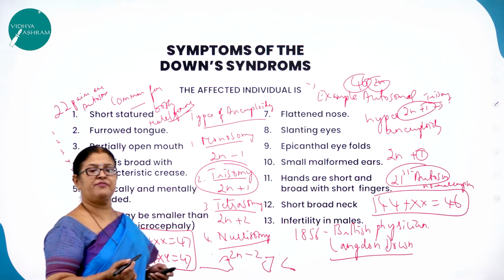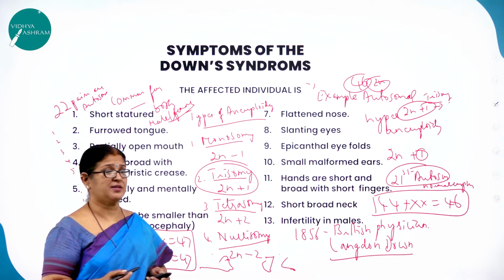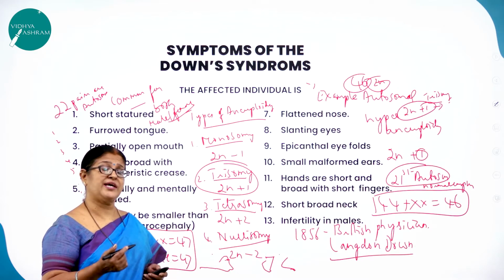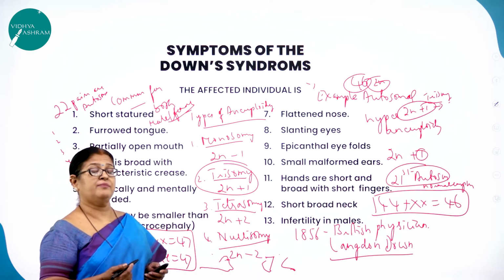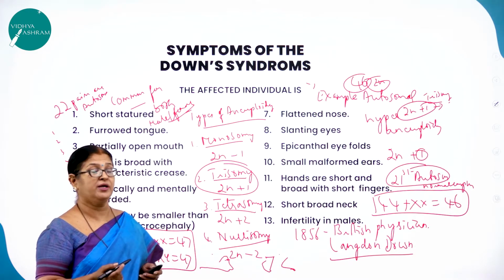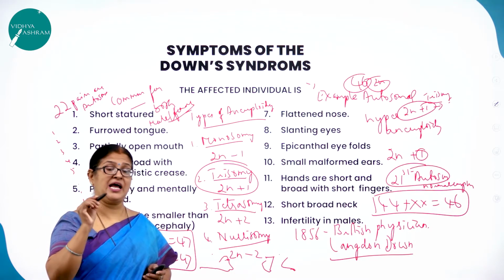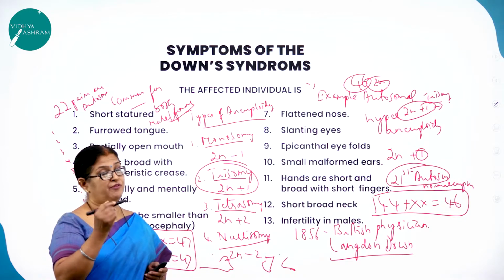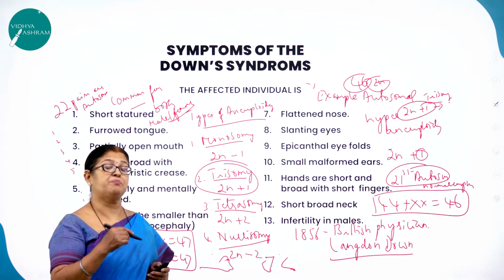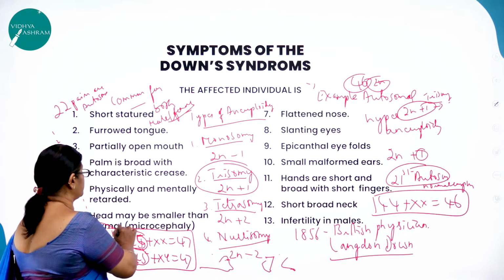Usually if you want to write a competitive exam, this is asked: give an example. What is the example for autosomal hyperaneuploidy? Down syndrome is an example for autosomal hyperaneuploidy. Autosomal means for the autosomes. Hyper means plus 1 is added to the autosome.